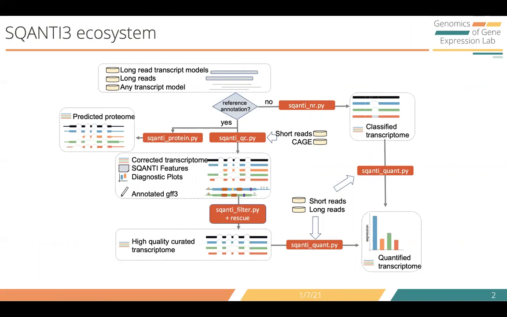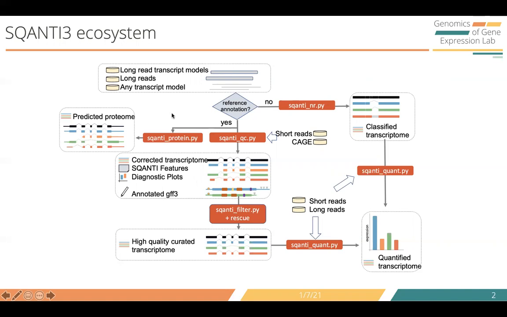If there is a reference genome annotation, the quality control tool will map the transcript models into the annotation, classify them into SQANTI categories, extract over 50 quality control features, create diagnostic plots, and also now annotate the models with functional labels. In SQANTI3, we now incorporate orthogonal data such as Illumina reads and CAGE to support the models.